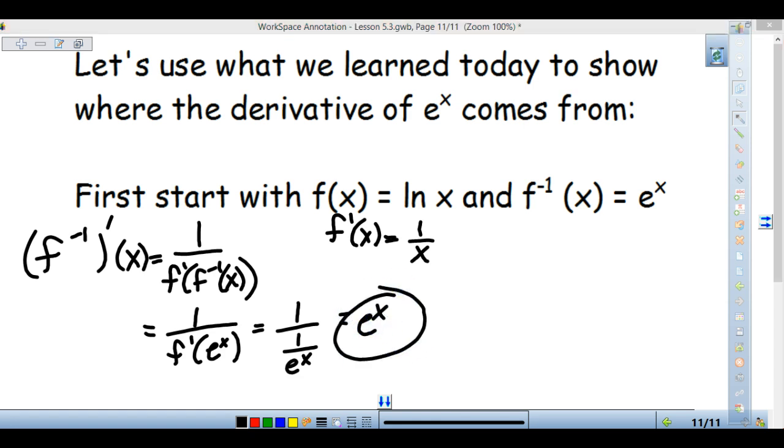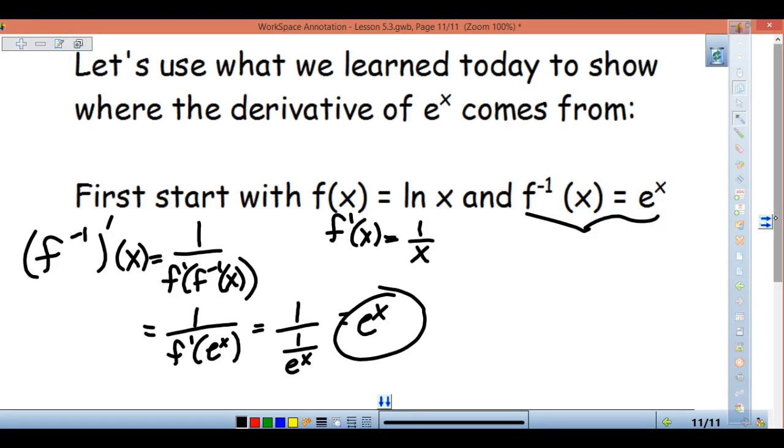So what we've just shown is that if f of x is natural log of x, the derivative of the inverse of natural log of x is e to the x. Well, we know that to be true, because if the inverse of natural log of x is e to the x, we know that the derivative of e to the x is e to the x.